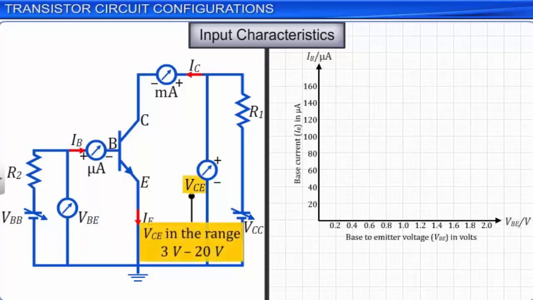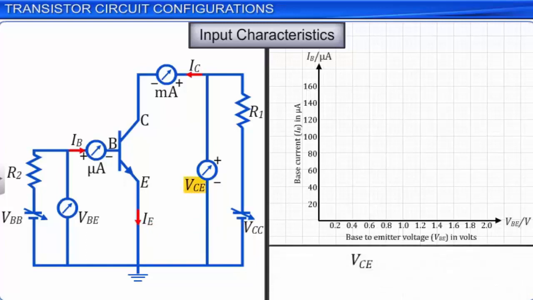Since the common emitter voltage, VCE, is the sum of the common base voltage, VCB, and the base emitter voltage, VBE, and VBE is 0.6 volts for a silicon transistor, the collector emitter voltage is sufficiently larger than 0.6 volts.